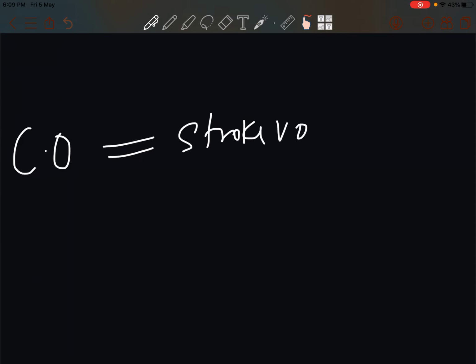Now in case you want to know how much volume of blood each ventricle is pumping in 1 minute, it is known as cardiac output. This cardiac output is equal to stroke volume times heart rate.